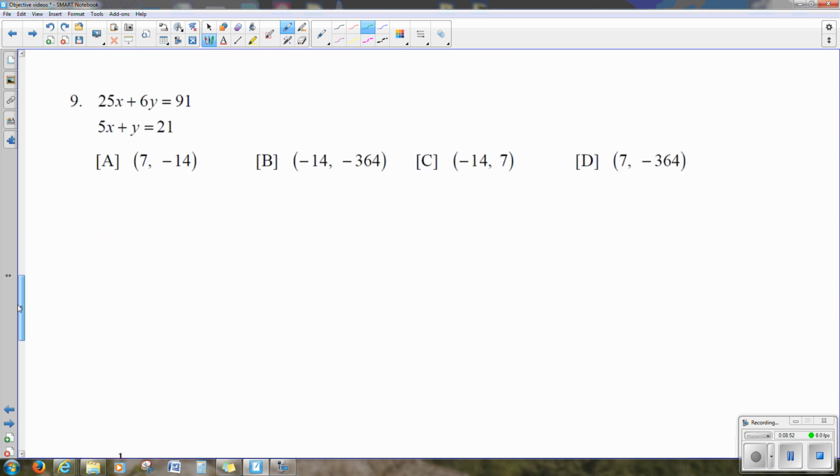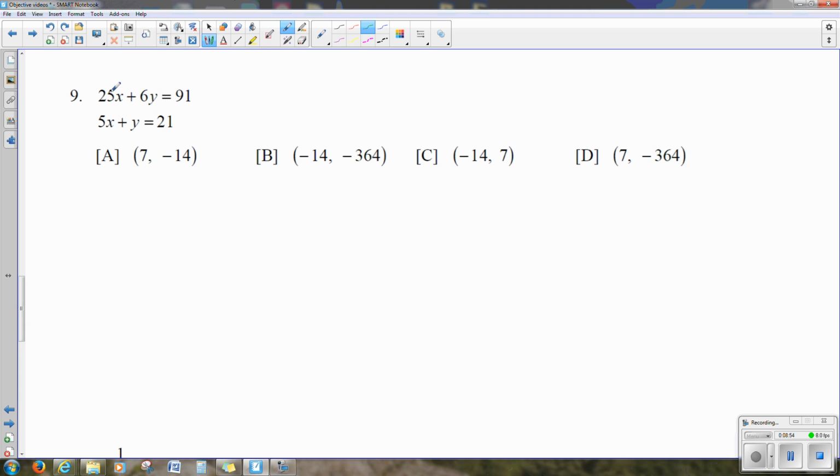All right, here's another example. They're telling us to try to use substitution. So I know that I can use substitution if I figure out what one of my variables equals. I need to solve for one of my variables. This one looks easy to solve for.